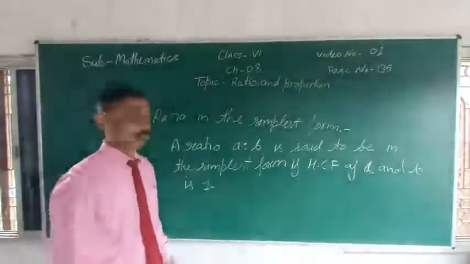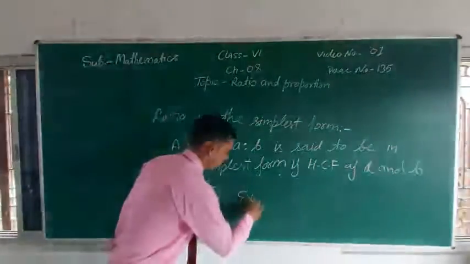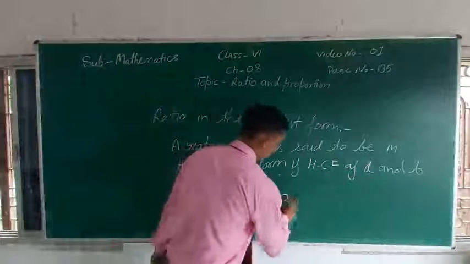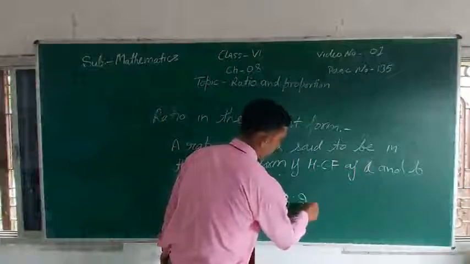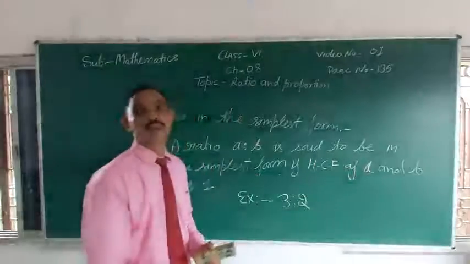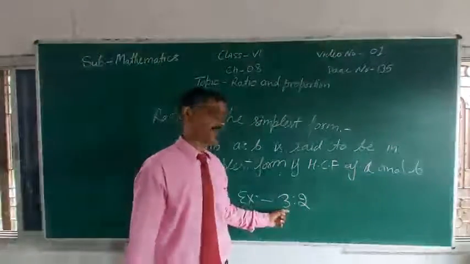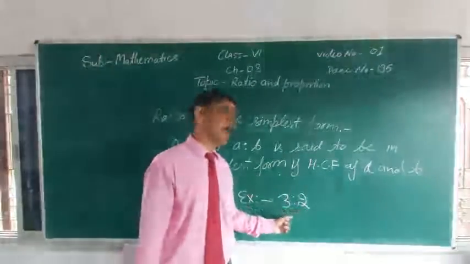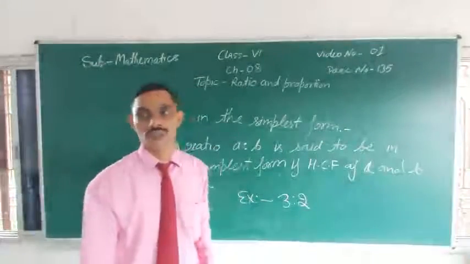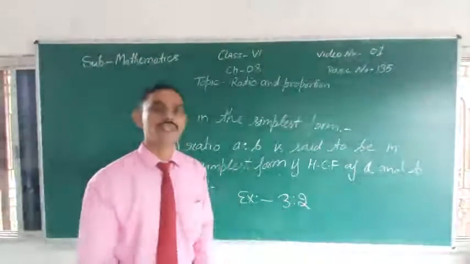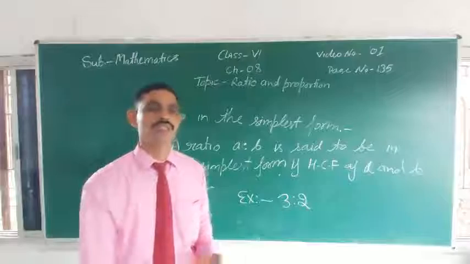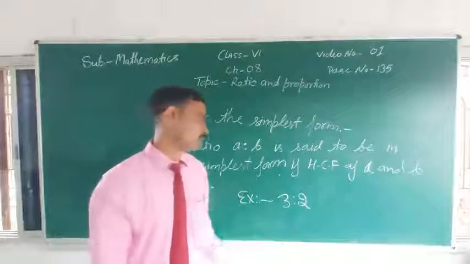For example, 3:2. Here the HCF of 3 and 2 is only 1, so we can say that 3:2 is in its simplest form.